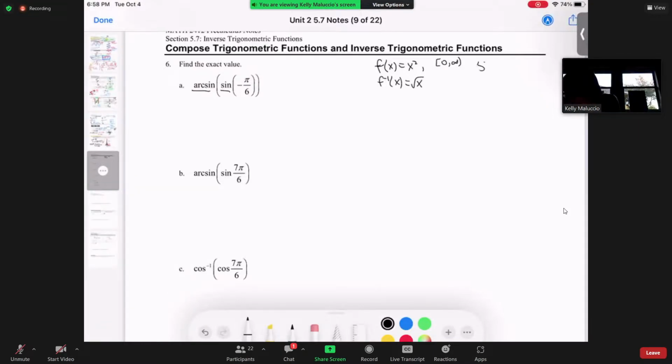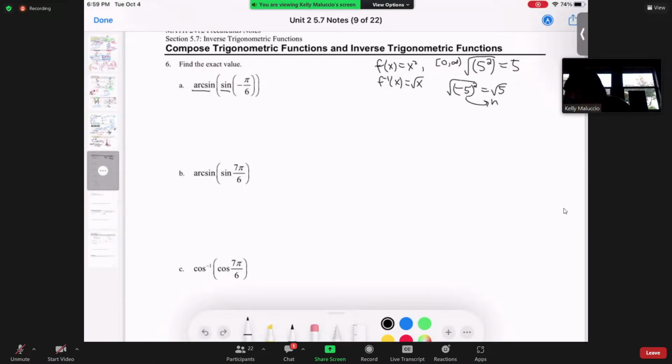So if I had 5 squared, and then I take the square root, what do I get back? Just 5. Square root of 25 is 5. But if I did negative 5 squared, and I take the square root, this also equals 5.